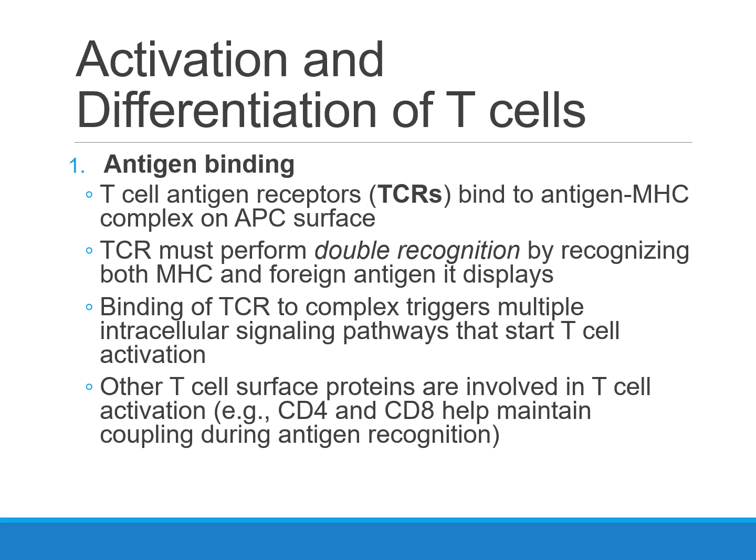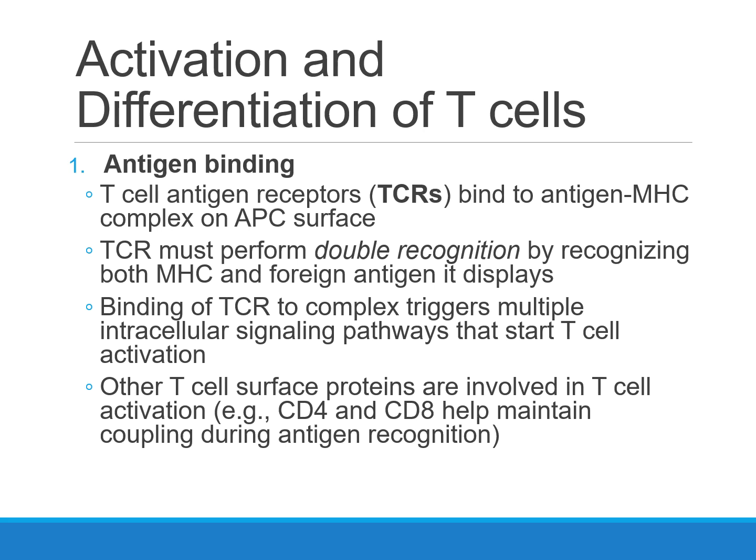So, antigen binding. T cell antigen receptors, TCRs, are going to bind to the antigen-MHC complex on the antigen presenting cell surface. The TCR must perform double recognition by recognizing both the MHC and the foreign antigen it displays. So basically it has to say, I see that this cell belongs, but I see that it's also infected.